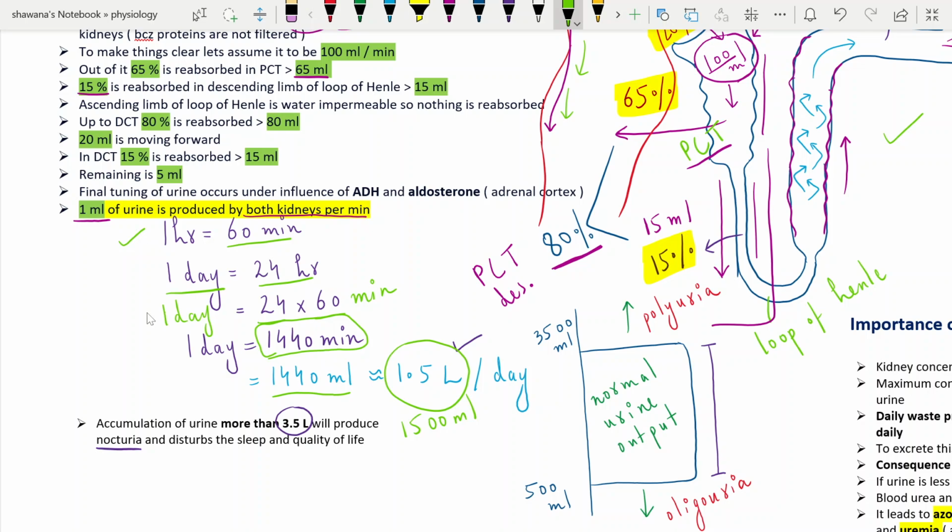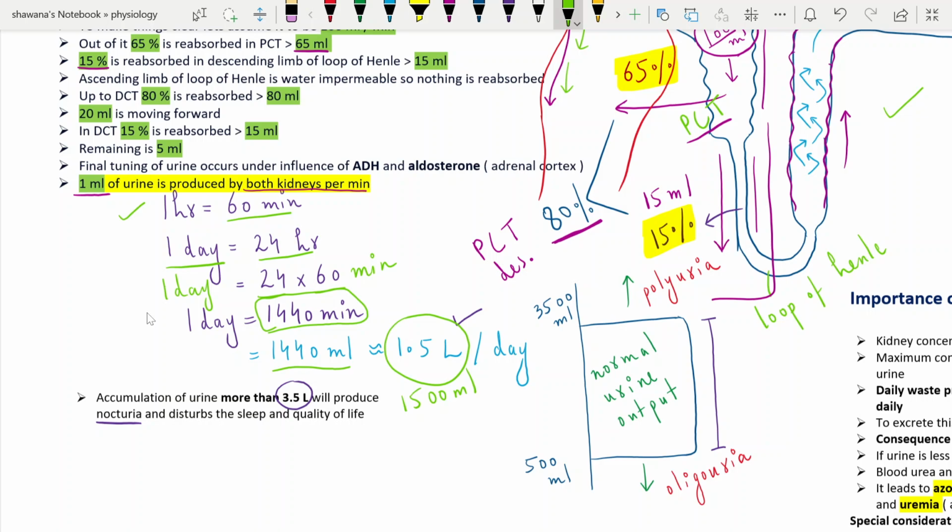So let's discuss what is the normal range of the urine. Normal output of the urine is in between 500 ml to approximately 3500 ml. Why is this range dedicated as 500 and 3500? Let's first talk about the maximum urine output. It's 3.5 liter.